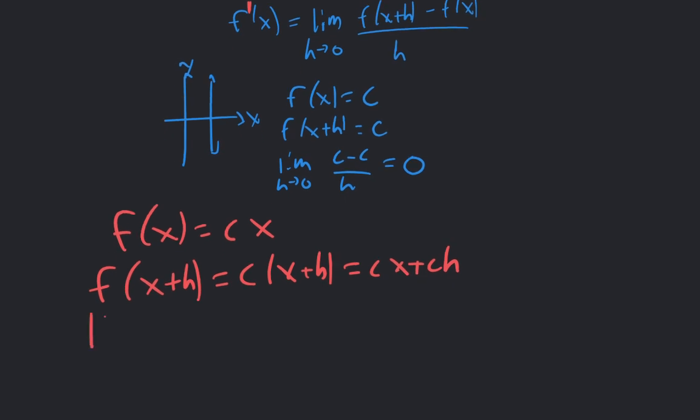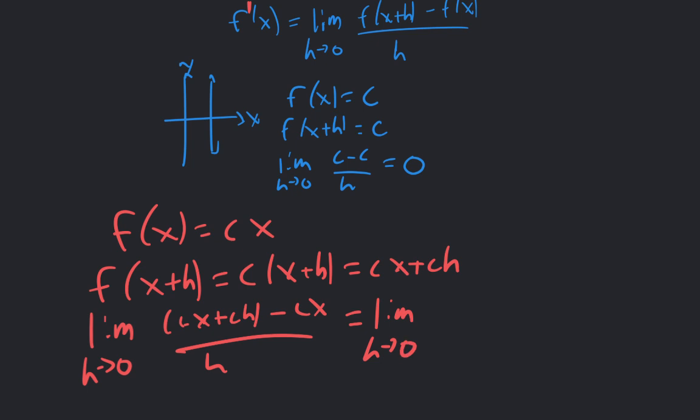And then using the limit definition of the derivative, and after simplifying this out a little bit, which just is equal to c. So the derivative of cx is just c.